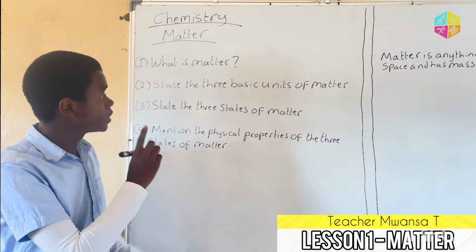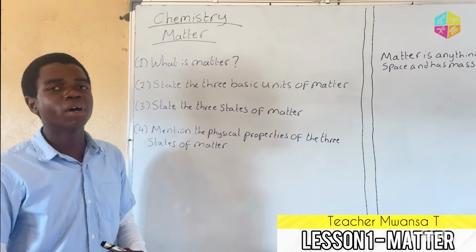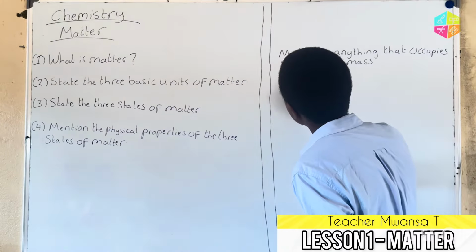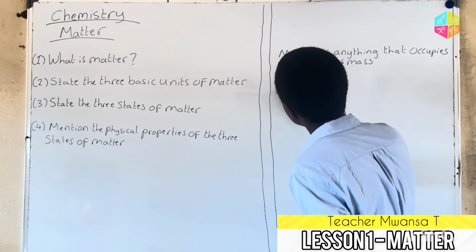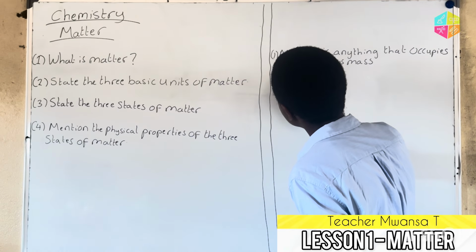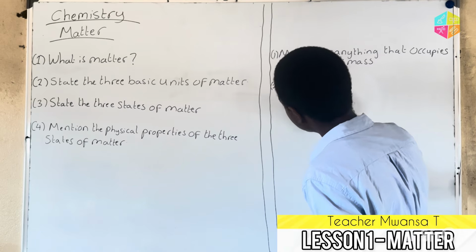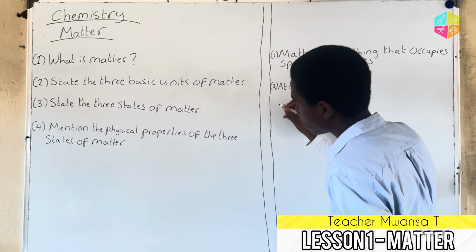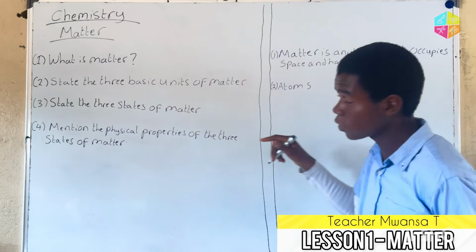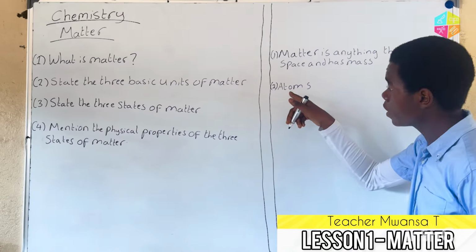So let's state the 3 basic units of matter. These are, number 1, atoms. Atoms, alright? This is one of the basic units of matter. The question says state the 3, so I'm stating the 3. We start with the first one, atoms.